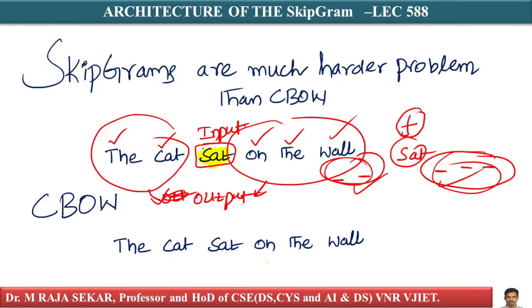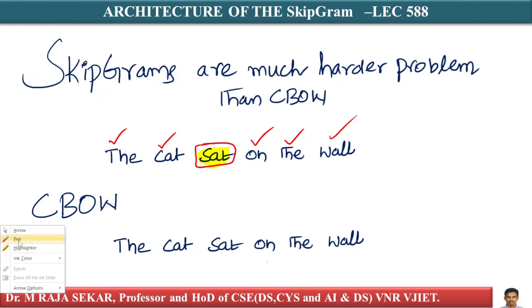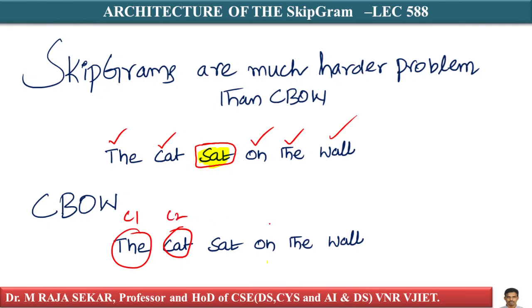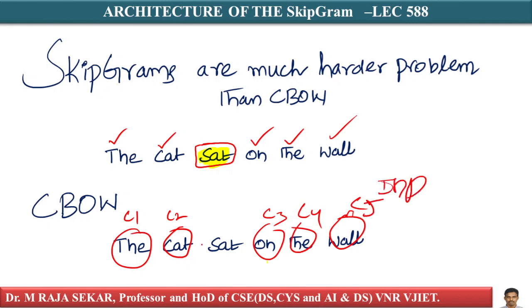It's the same case with SKIPGRAM. But in CBOW, what happens? It is completely reverse. They will give context word 1, context word 2, context word 3, context word 4, context word 5. This is my input, and this is my output.